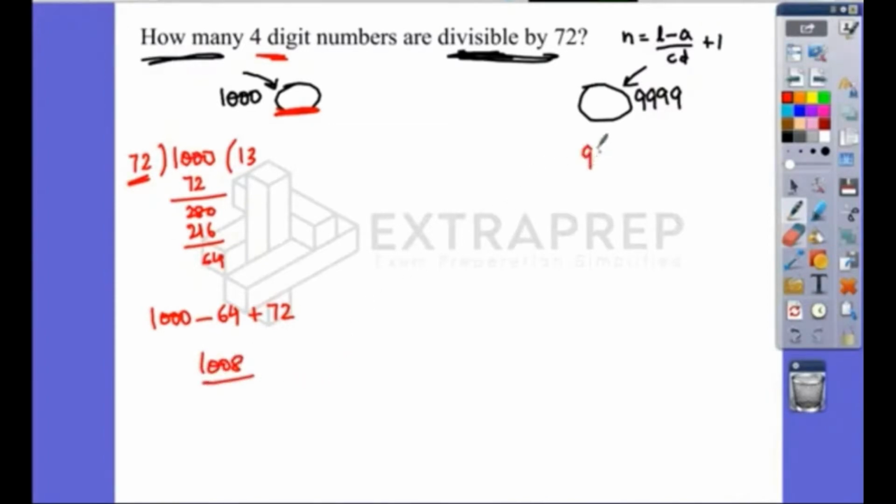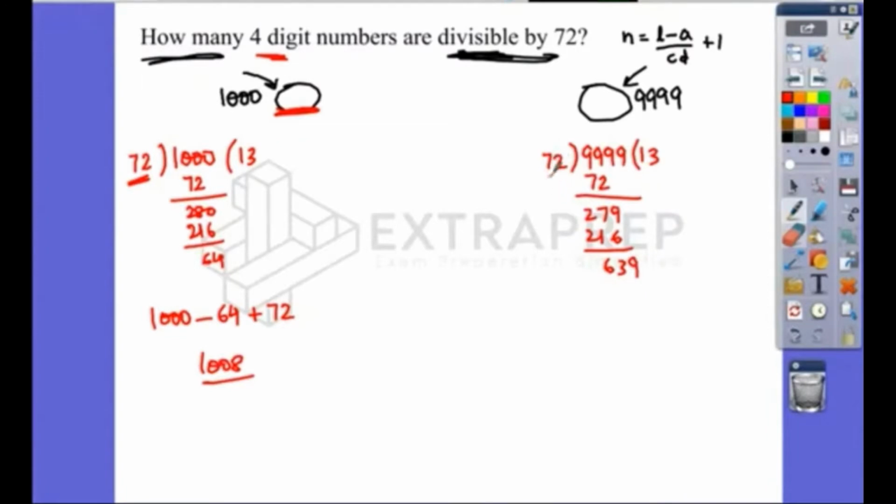Similarly, to find the largest multiple of 72 in 4-digit numbers, divide 9999 by 72. Goes one time, 72, 279. That goes 3 times, 216. This is 639 again. 9 comes down, right? 70, 63. So 9 times is going to be larger.